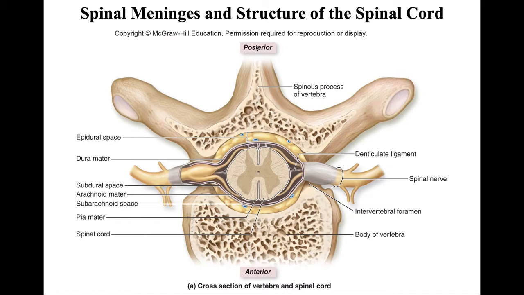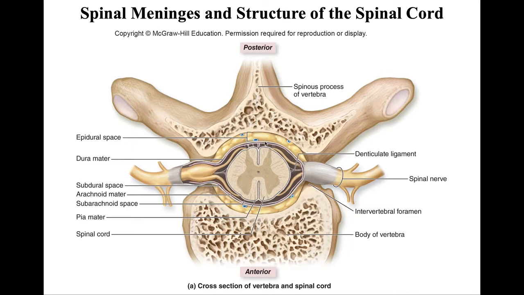So the spinous process is the back portion of that vertebrae piece. Then if I work forward, I see the epidural space. That epidural space is where that fatty area is. It's also the same area, as I mentioned a moment ago, where the epidural anesthesia is given during childbirth, in the epidural space. Then comes the thick part called the dura mater.